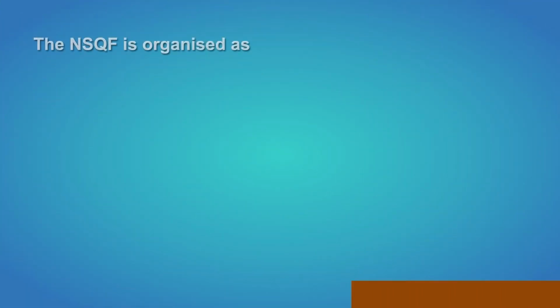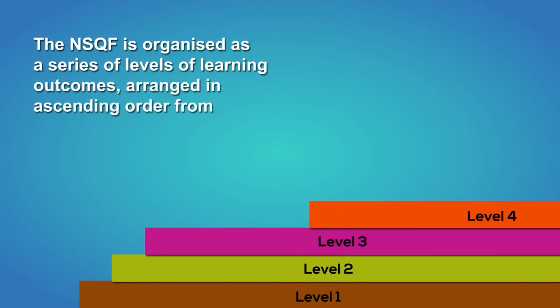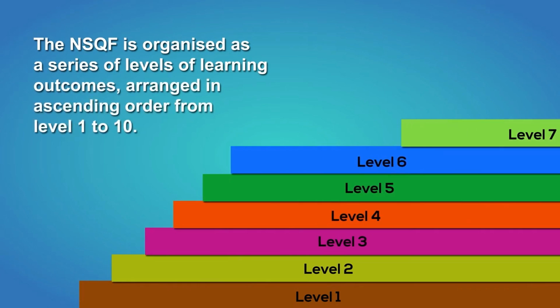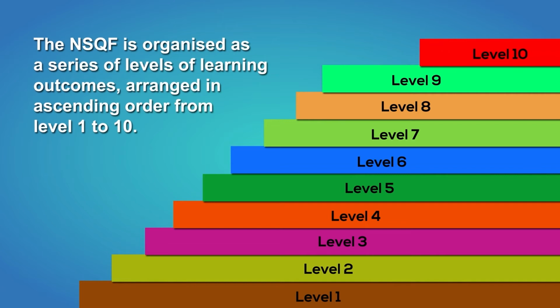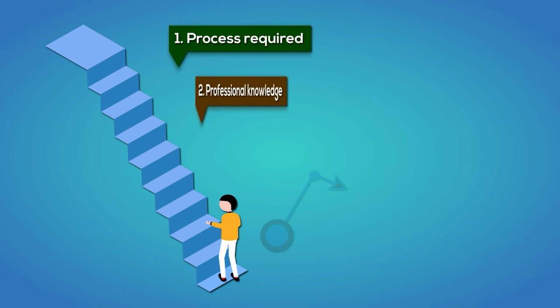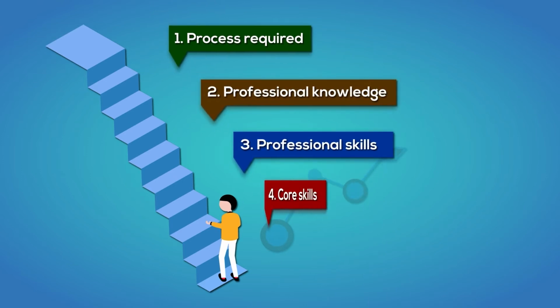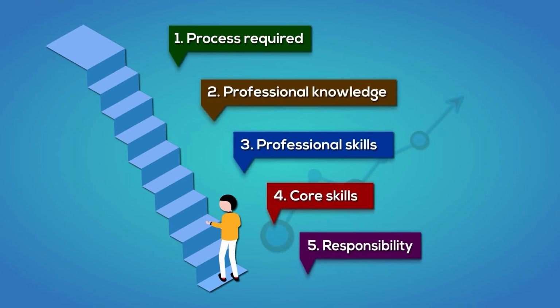The NSQF is organized as a series of levels of learning outcomes arranged in ascending order from level 1 to 10. Each level of NSQF is described as a statement of learning outcomes in the following domains: process required, professional knowledge, professional skills, core skills, and responsibility.